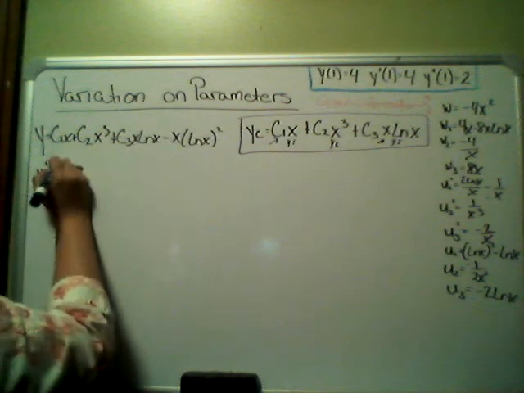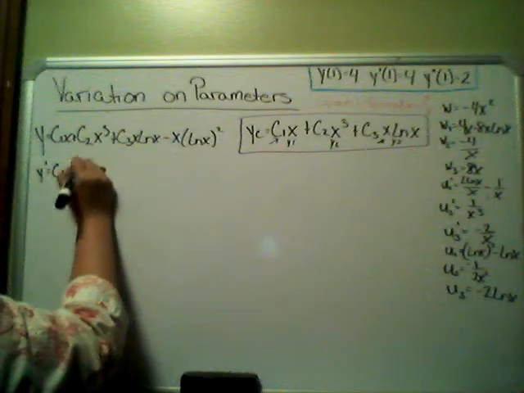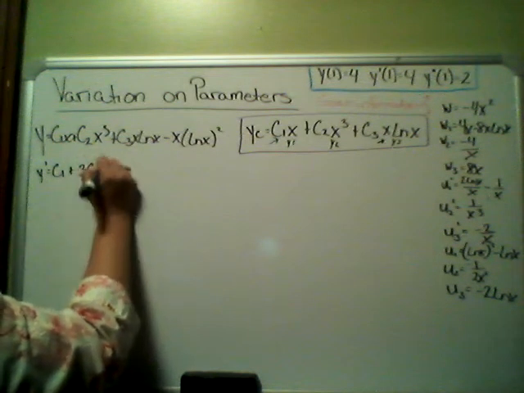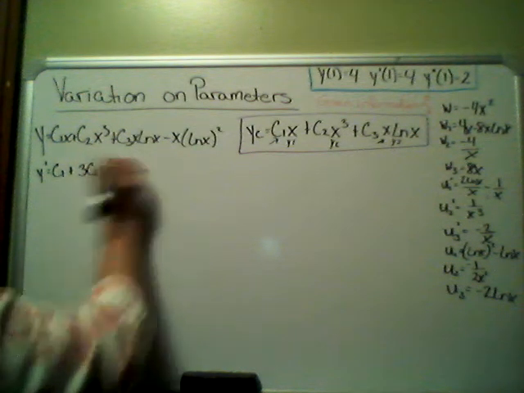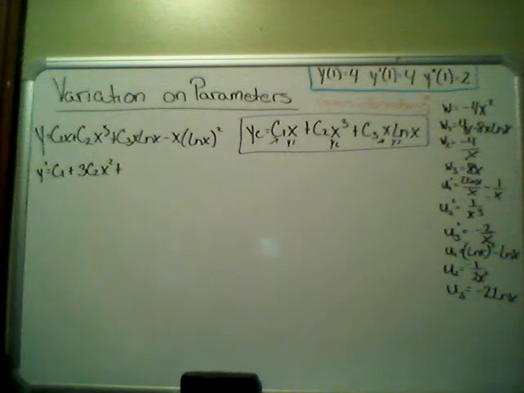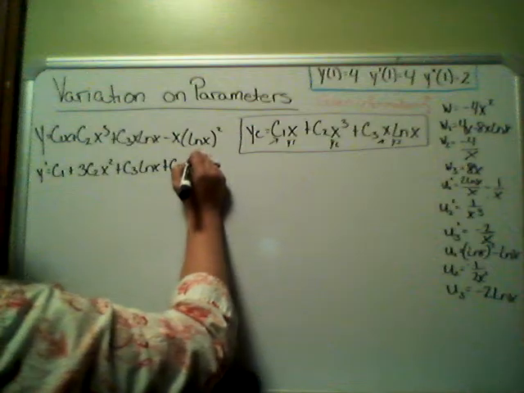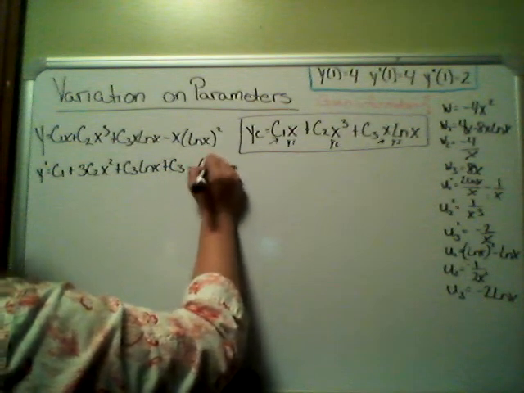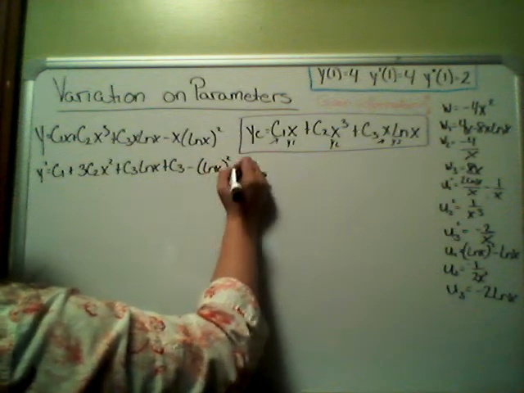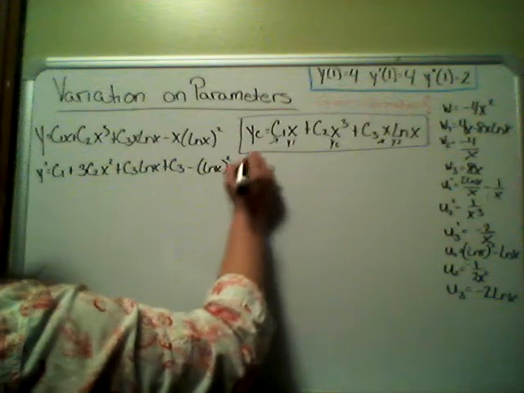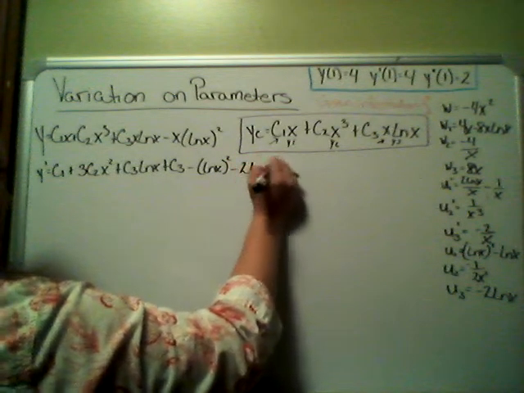So the first derivative is going to be C1 plus 3C2x squared plus C3 ln of x plus C3 minus ln x quantity squared minus 2 ln x.